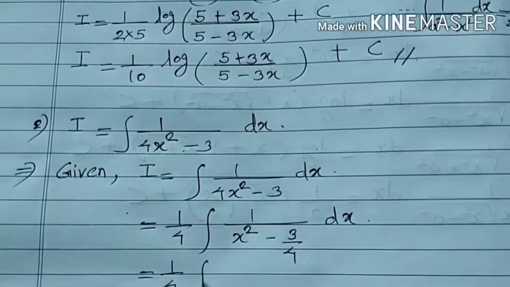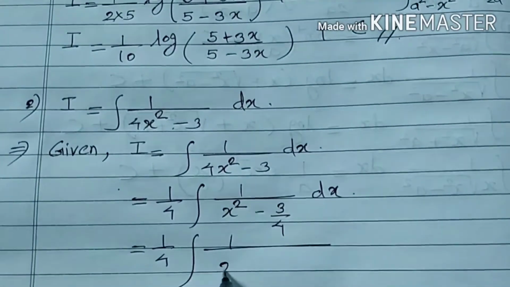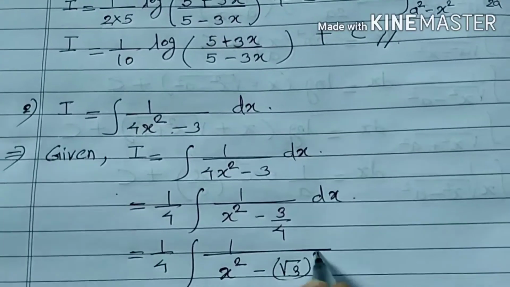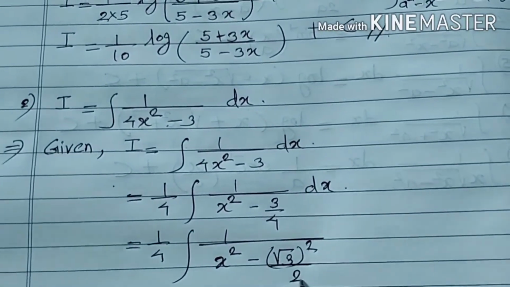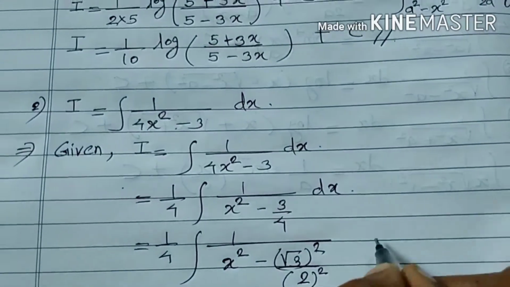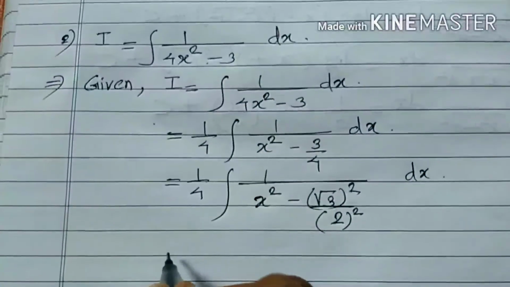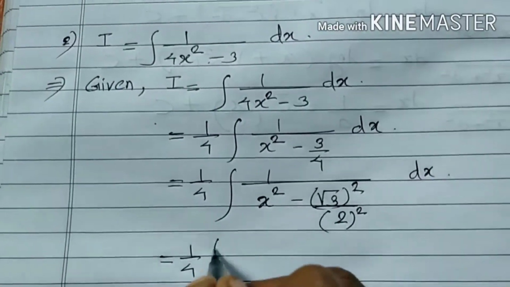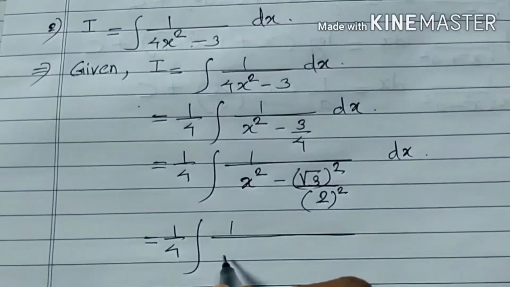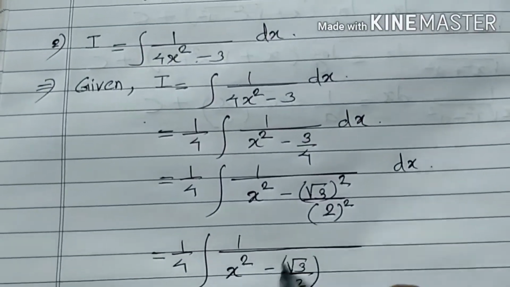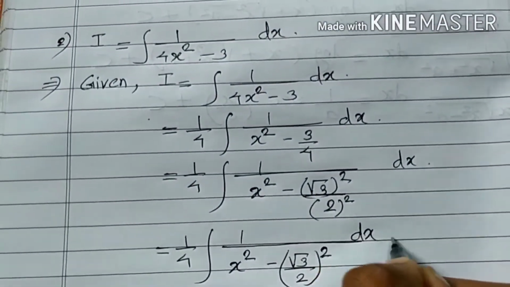Now 1 upon 4 integration of 1 upon x square minus, this is the square of root 3 and this is the square of 2. So you can write it like that: 1 upon 4 integration of 1 upon x square minus root 3 upon 2 whole square dx.